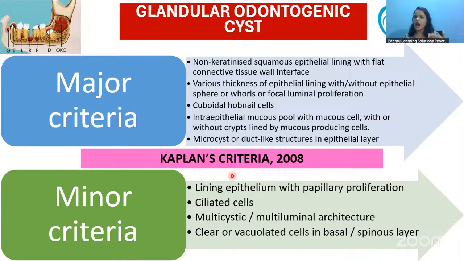If they ask a short note or a question based upon Kaplan's criteria, please know that it is for the glandular odontogenic cyst, given by Kaplan in the year 2008.